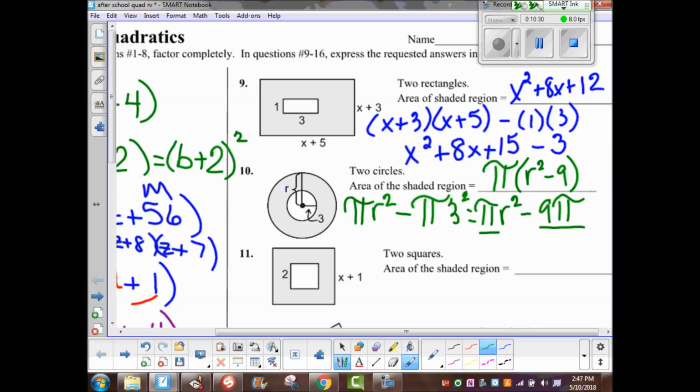Difference of perfect squares. Okay? So this, my friends, we can factor again. So we end up with pi, r squared minus 9 factors into r plus 3, r minus 3. So difference of perfect squares right here. So my final answer would have to be that right there. Okay?